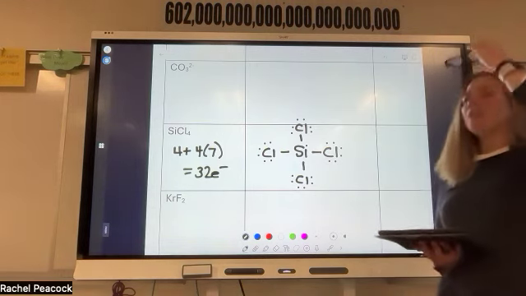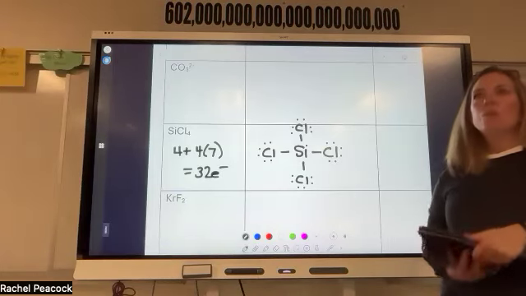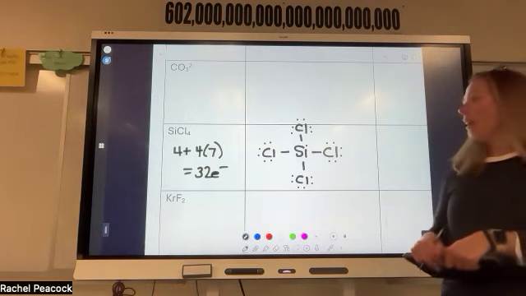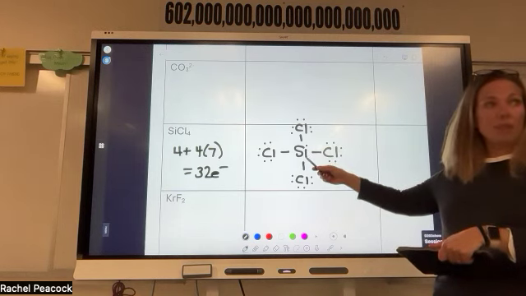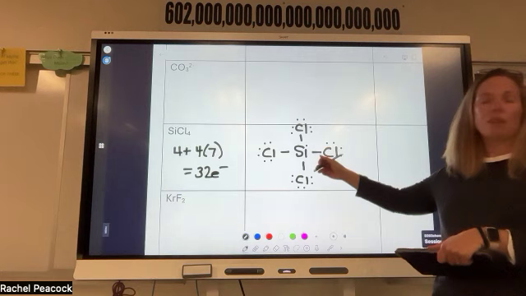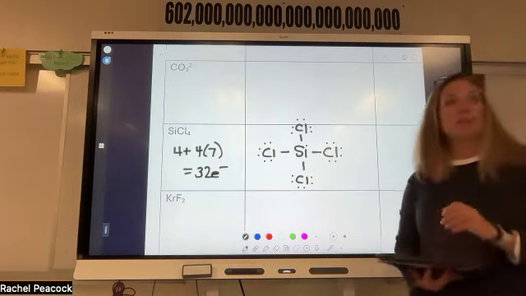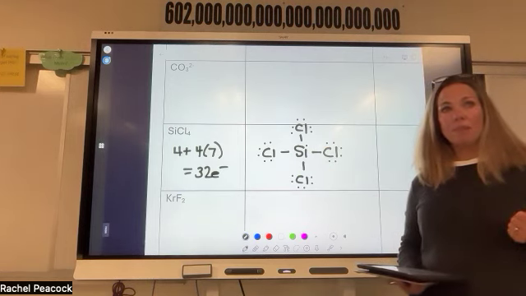All right. Formal charge is when you figure out how many valence electrons each atom contributes to the structure. Okay. So silicon contributes 4, because there's only one silicon. And then each chlorine contributes 7, right? Are you with me there?